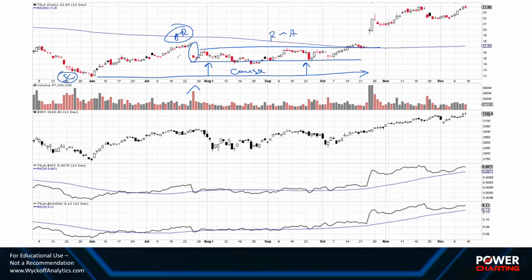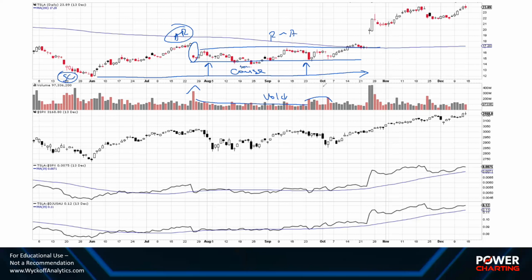The volume is definitely becoming dull and quiet. You have a lot of volume that comes in at the final low there with that tiny little sort of climactic conclusion, and then it goes sideways into the end of August, has a test. It's like a minor spring of that prior low, and then it rallies back up again.